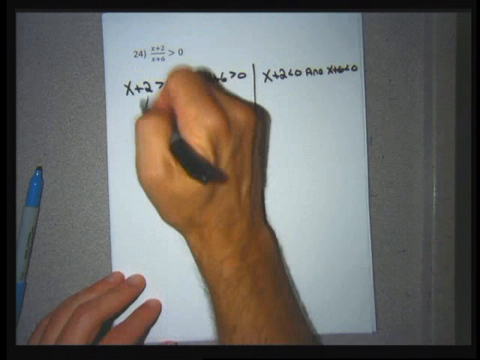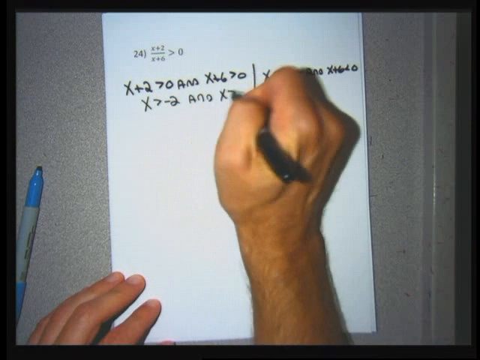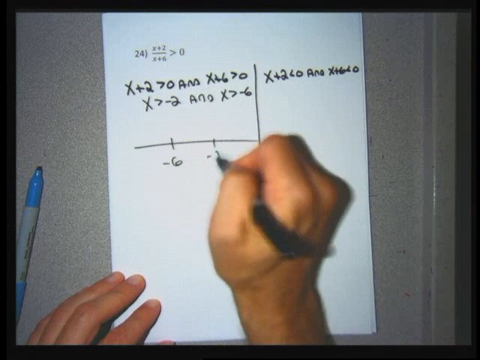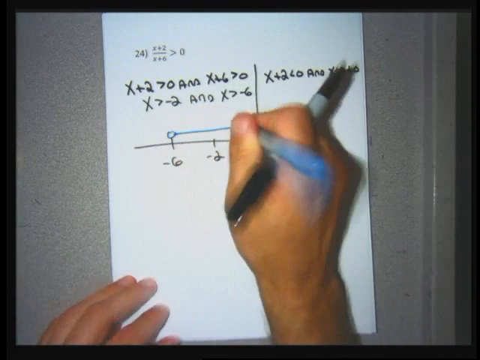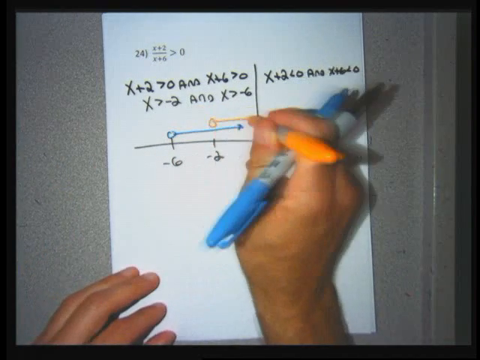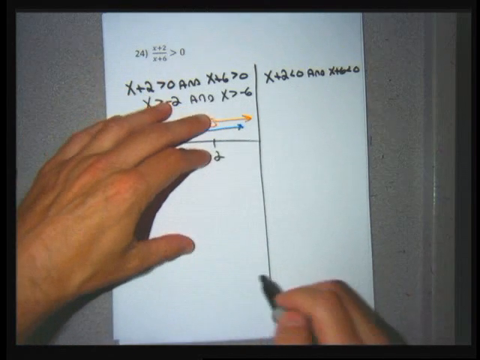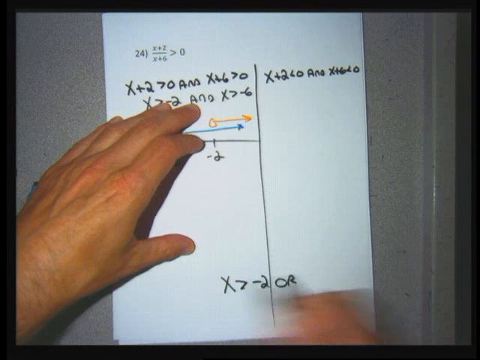This gives me x is greater than negative 2 and x is greater than negative 6. Find negative 6 and negative 2 on my number line. Open circle to the right for greater than. The region here where I get both is x is greater than negative 2. So that's part of my answer.